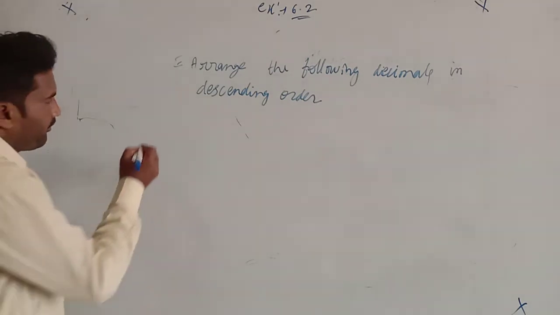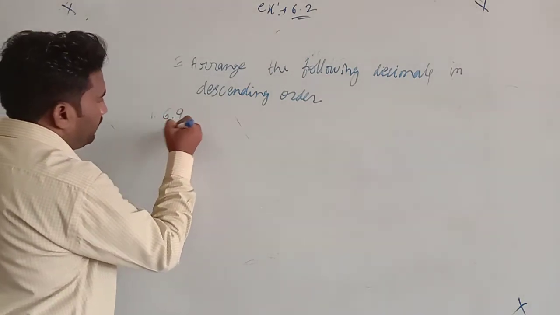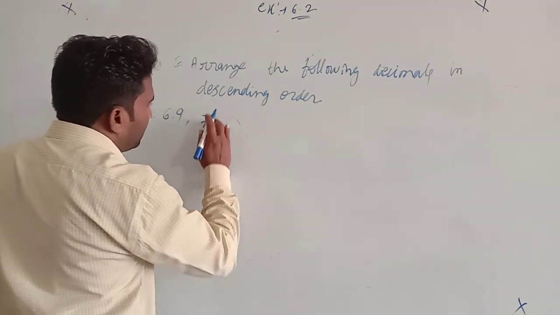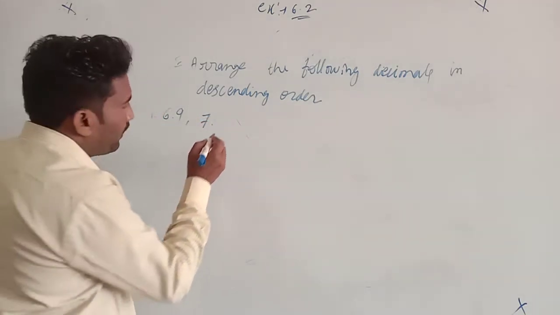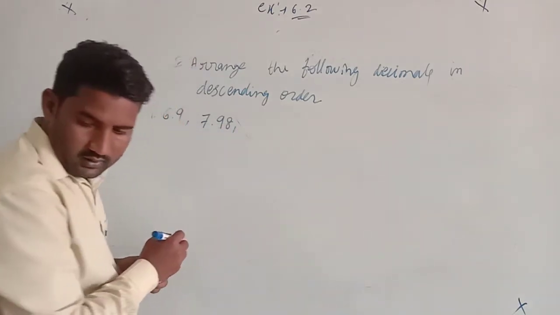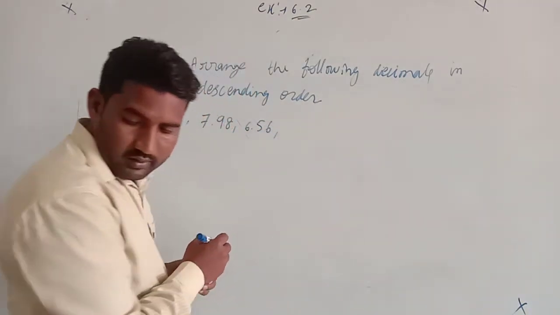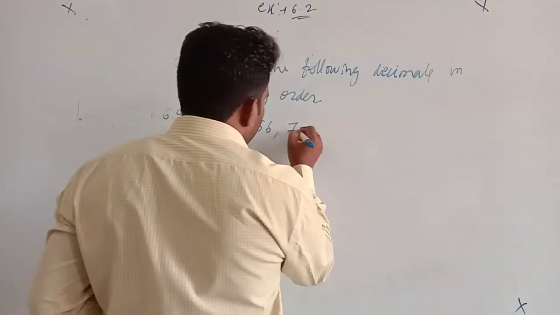The first one is 6.9, 7.98, 6.56, next 7.3.